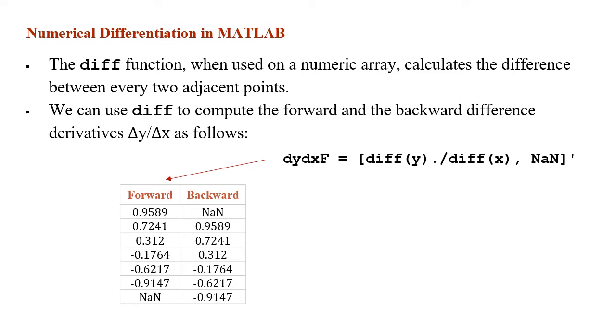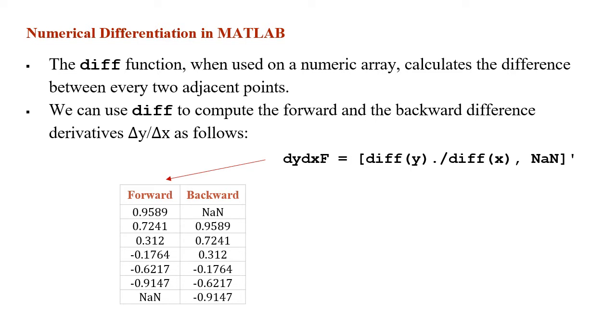So if you remember, when we used the function plot, it is important that the x-axis length matches the y-axis length. So adding a NaN at the end makes the array complete, so that it will have a size equivalent to the size of the array x in case we want to plot the derivative as a function of x along with the original function as a function of x as well.